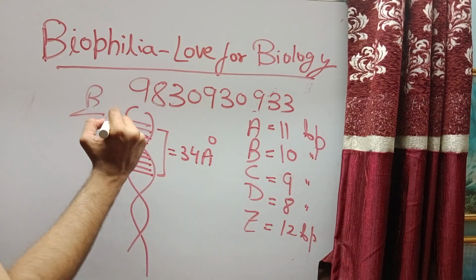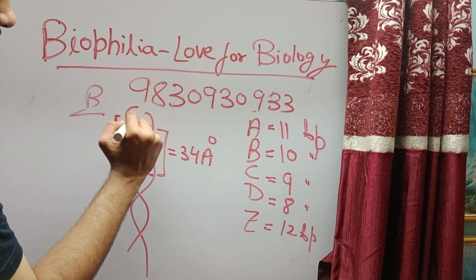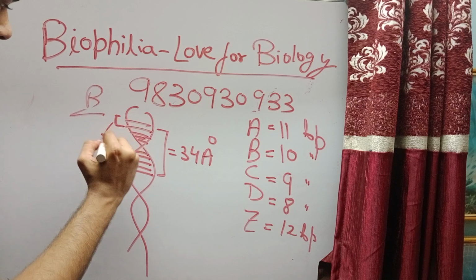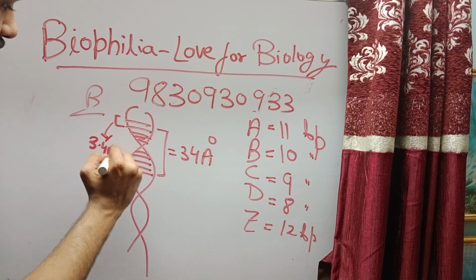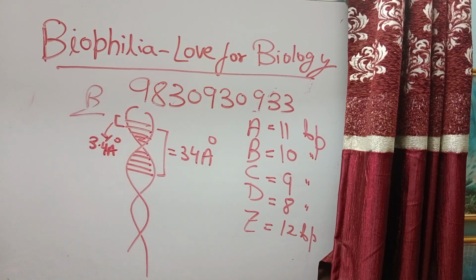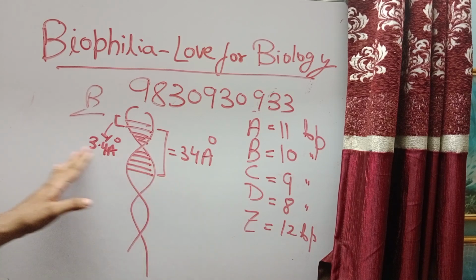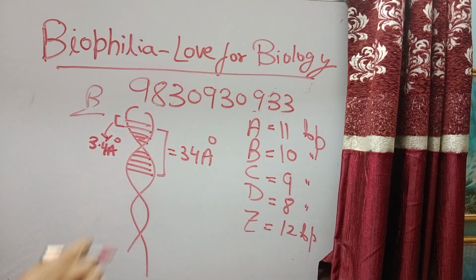Therefore, if we need to calculate the distance between two nucleotide pairs, it is 3.4 angstroms. This is the molecular structure of DNA with the length and the breadth of 3.4 angstroms.